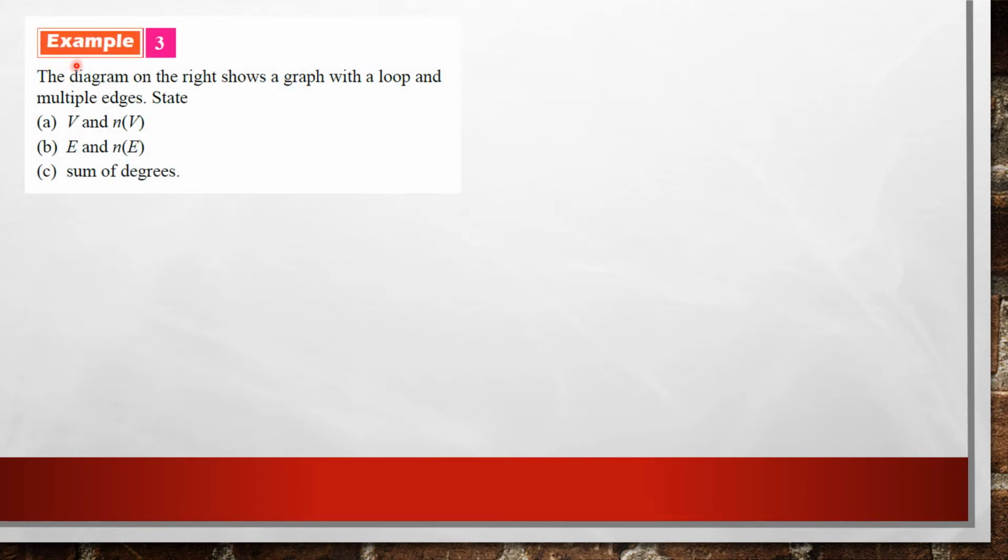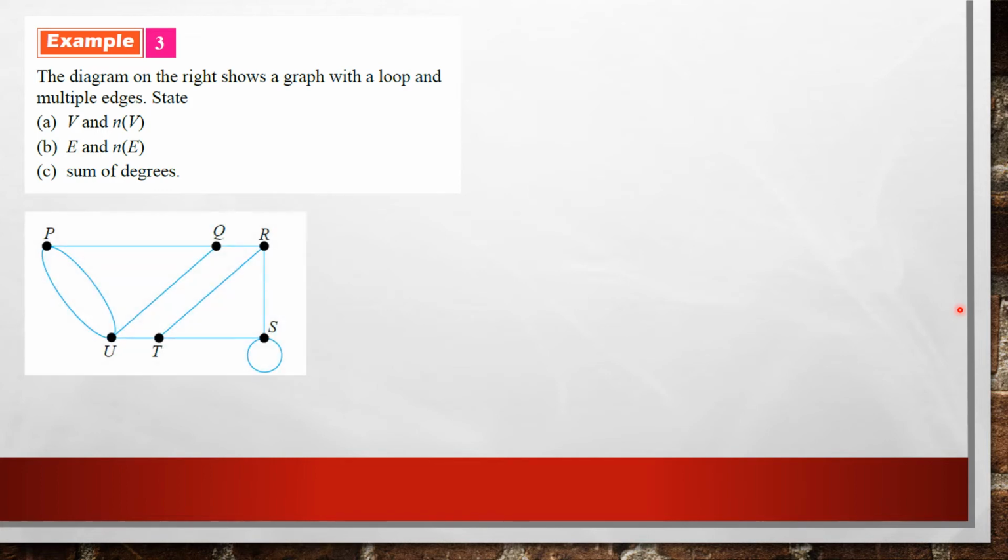Example 3, also at page 132. The diagram on the right shows a graph with a loop and multiple edges. State V, the vertices and the number of vertices, E, the edges and the number of edges, and the sum of degrees. This is the diagram given. So we look at the first one, vertices.